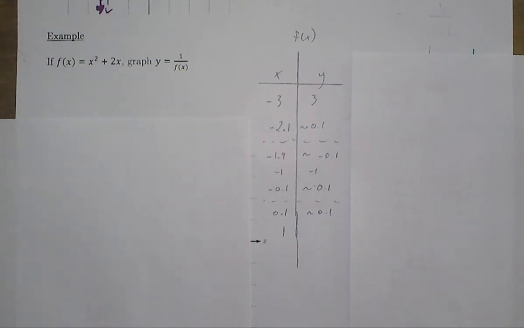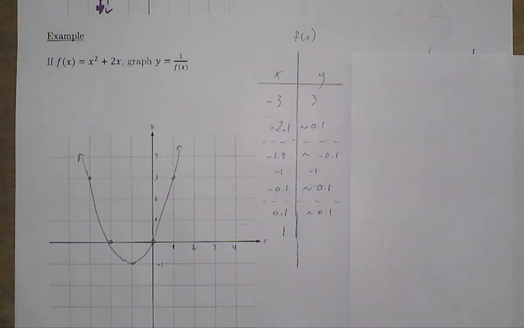So now I could graph my function here. Here's the graph of my function, certainly hoping it's correct. Now, I could use a table of values to graph the reciprocal function, or I could graph it straight off the graph itself.